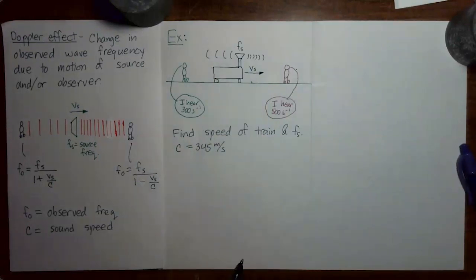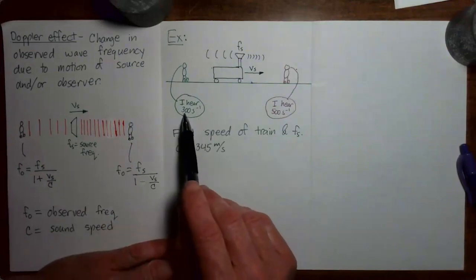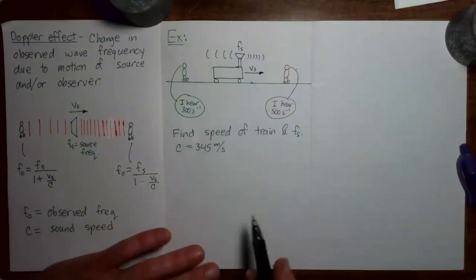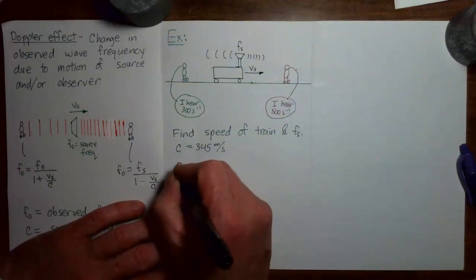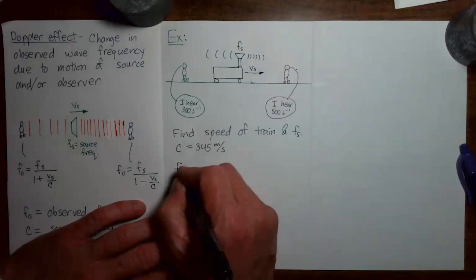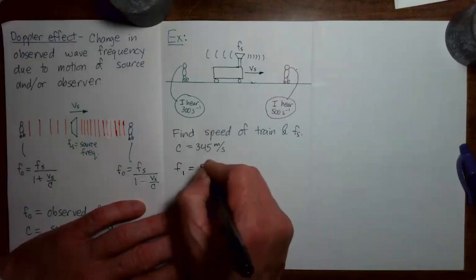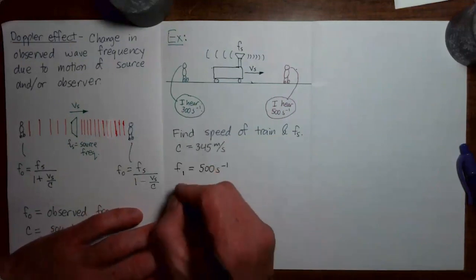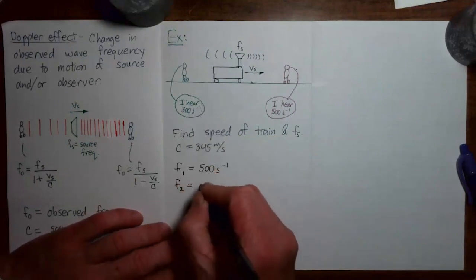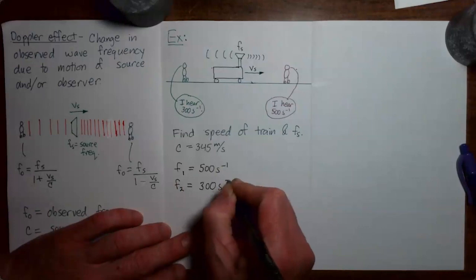Let's get started by introducing some symbols to represent the frequencies observed by these two observers. So let's say that purple guy over here receives a frequency F1 equals 500 compressions per second. Let's say that green guy over here receives a frequency of 300 compressions per second.